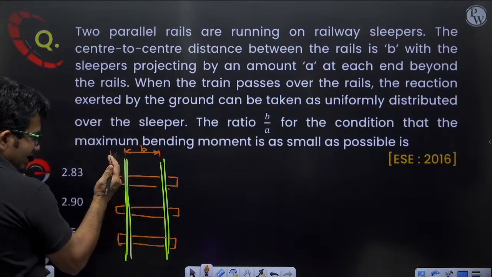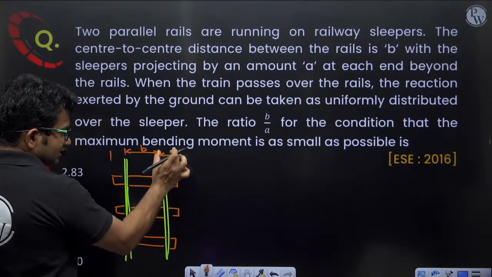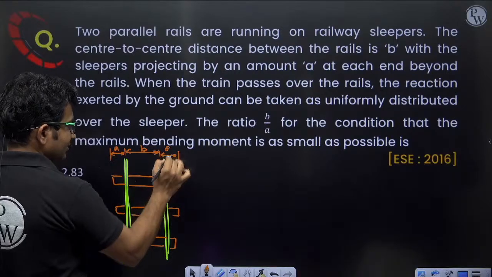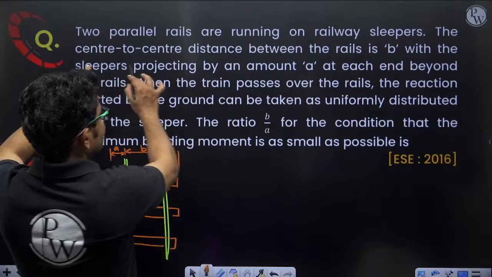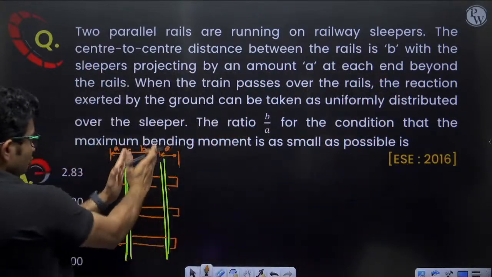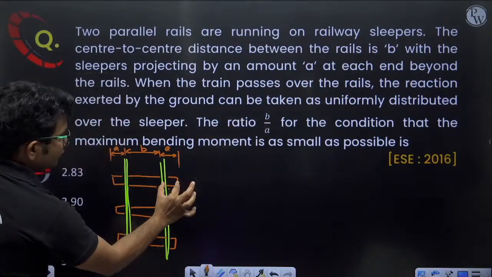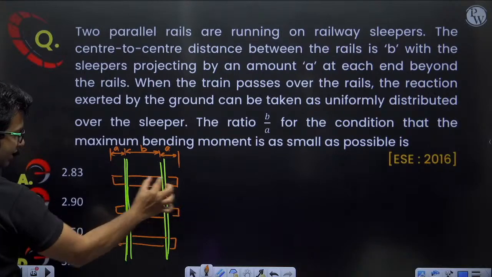So after the rails, the projection of these sleepers is A on both sides. The center to center distance between the rails is B, that we have shown here. The projection of the sleepers is amount A at each end.